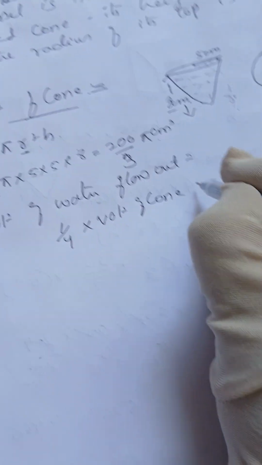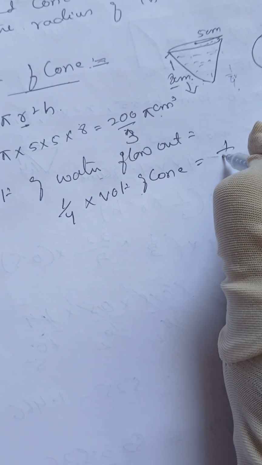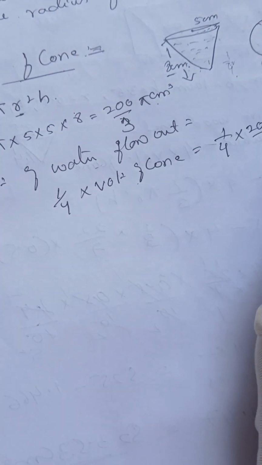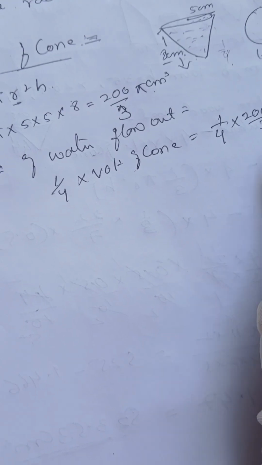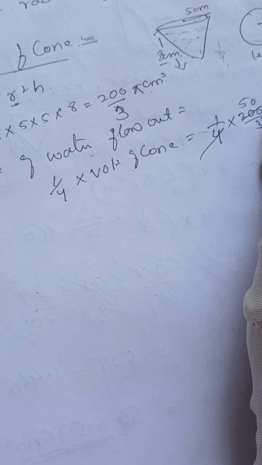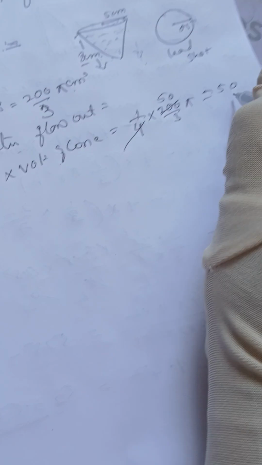I will substitute the value 200 by 3 pi, and 4 fives are 20. So we will get 50 by 3 pi centimeter cube as the water that flows out. This much water flows out.